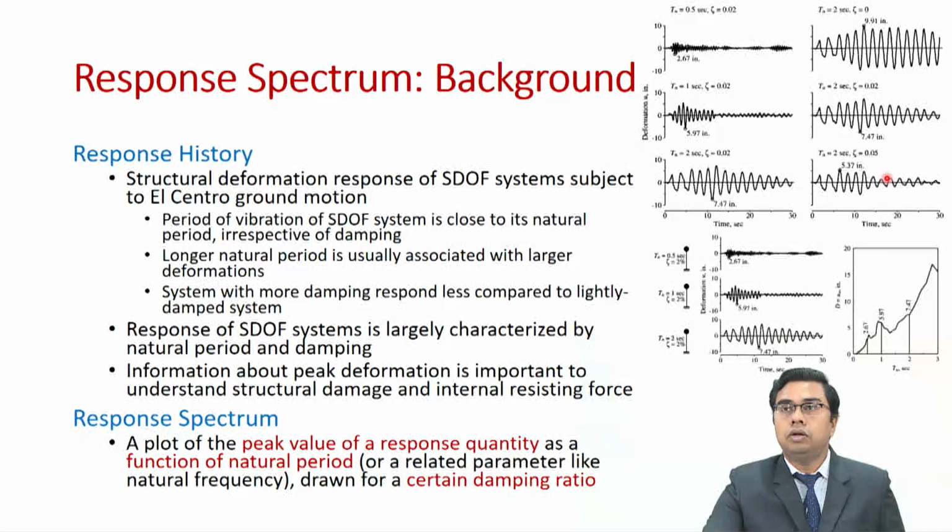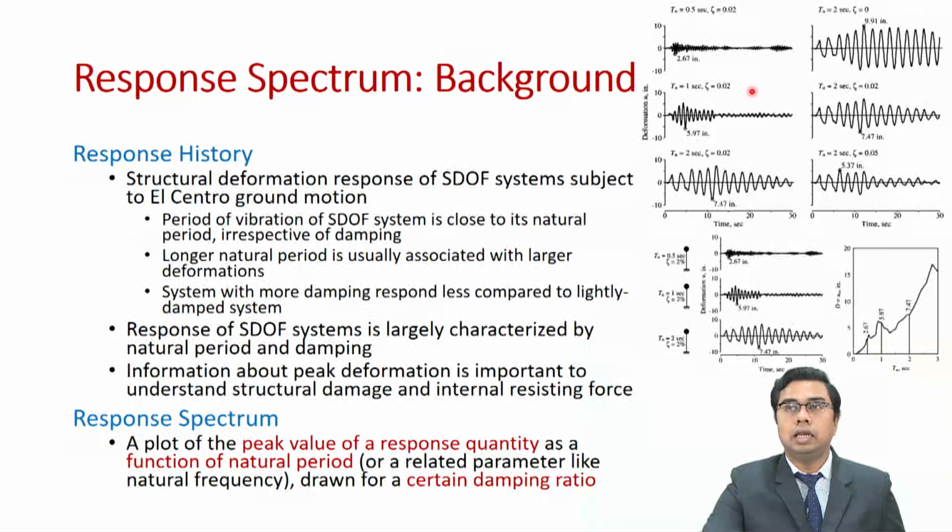So what do we observe from these seismic responses? These responses are shown in terms of structural deformation on the y axis, and on the x axis it is the running time of the ground motion. Let us try to decode what we understand from these plots.